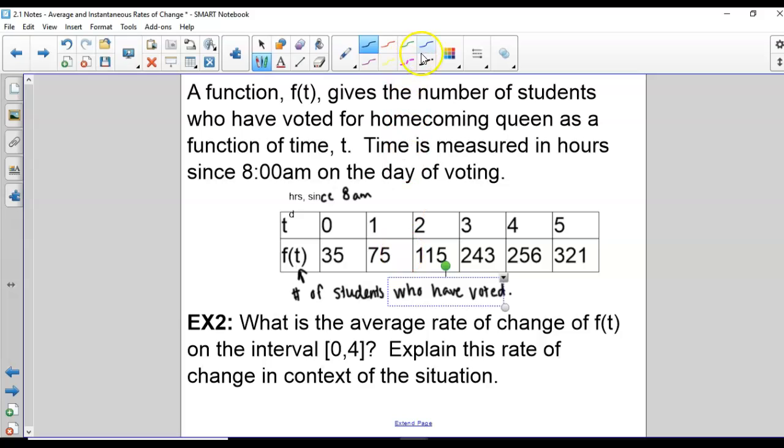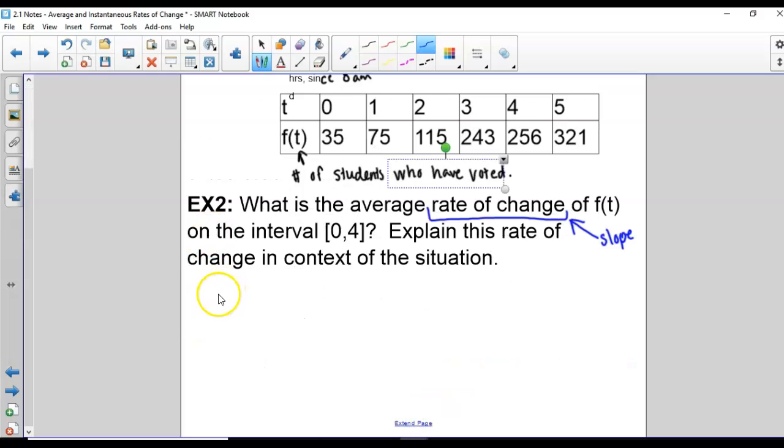So when you see this rate of change, that should make you think slope. Back in Math 1, whenever you learned about rate of change, slope is what you were finding a lot of times. Okay, so our slope, we know, is our change in y over our change in x.